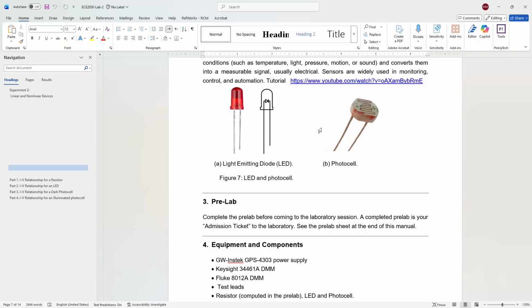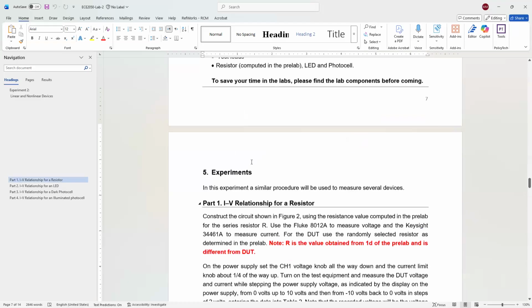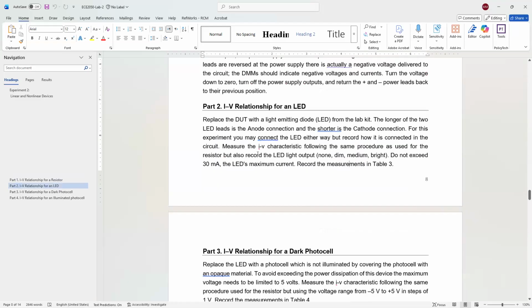What really matters is that in one polarity, from 0 to positive for example, if you see light, in the other one you should not see current or light.